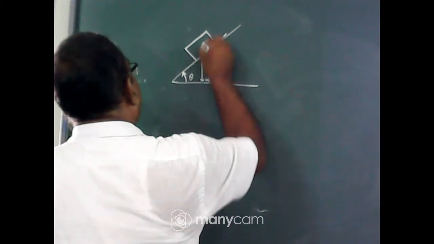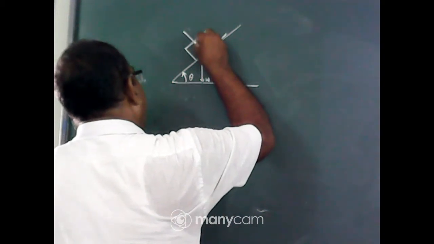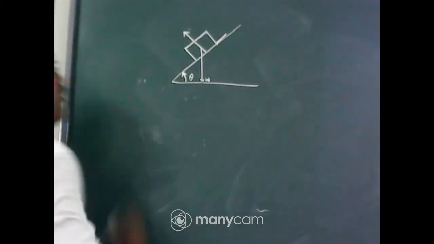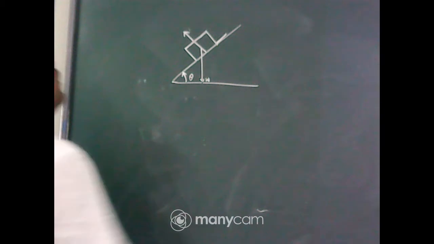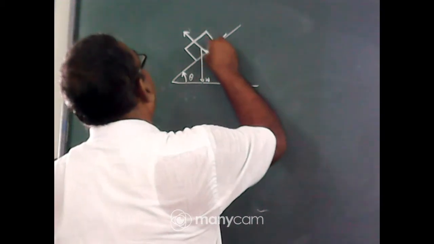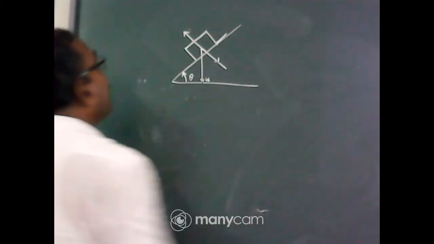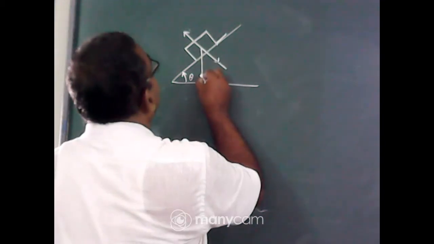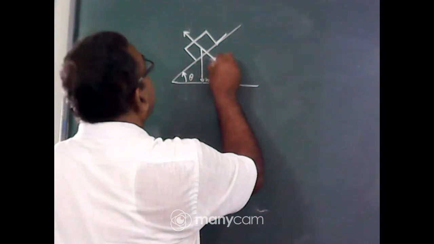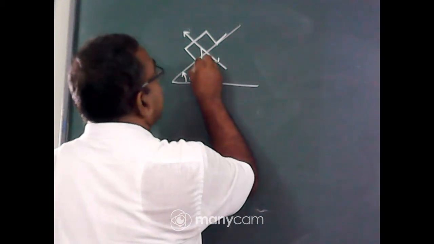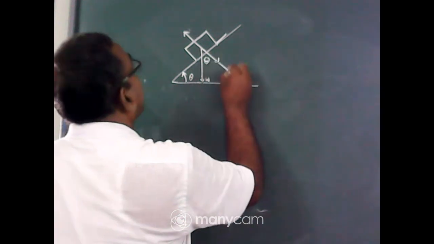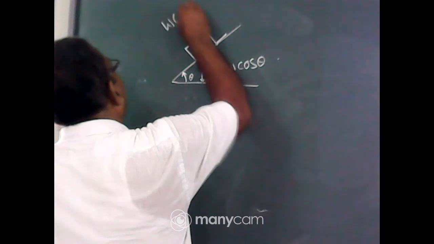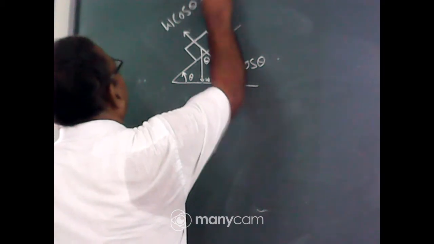If this angle is theta, this is the reaction force, because the reaction force acts perpendicular to that surface. This point is here, and this and that make 90 degrees, so that is 90 minus theta, and the other angle will be theta. So this is W cos theta, and W cos theta is the reaction force.